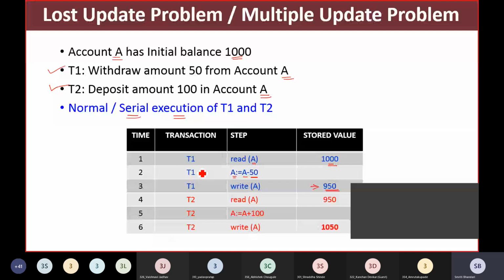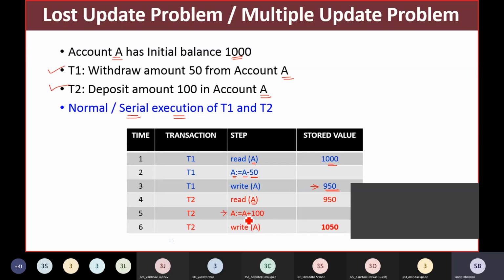Right? Now, after completing T1, T2 comes in because there is serial execution. T2 now reads the balance A. Which balance is T2 reading? Whatever has been written by T1, so T2 reads this balance 950. T2 is depositing amount 100 in account A, so it executes the operation A = A + 100 because it is a deposit, right?